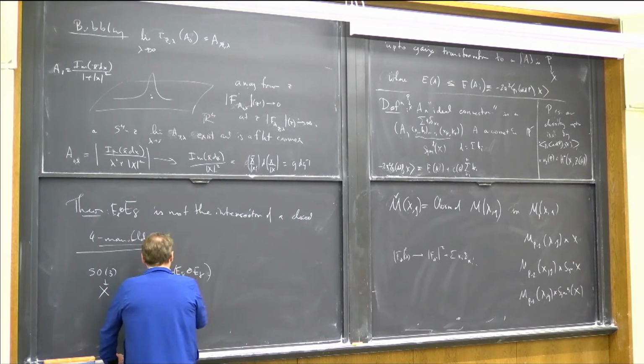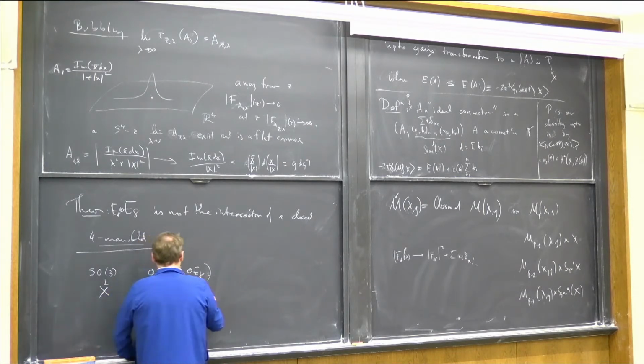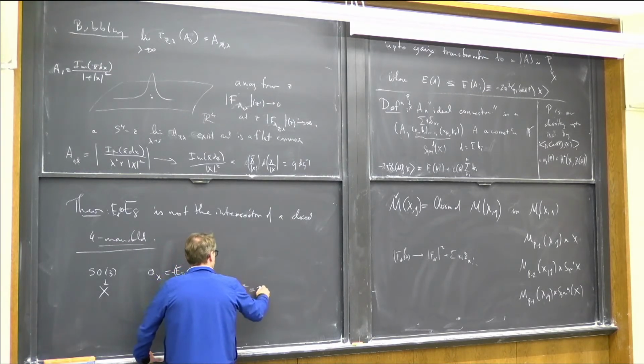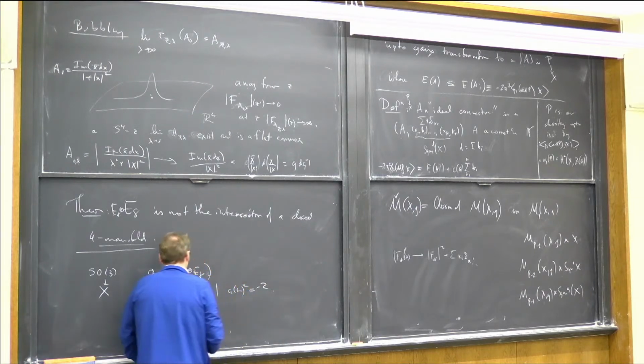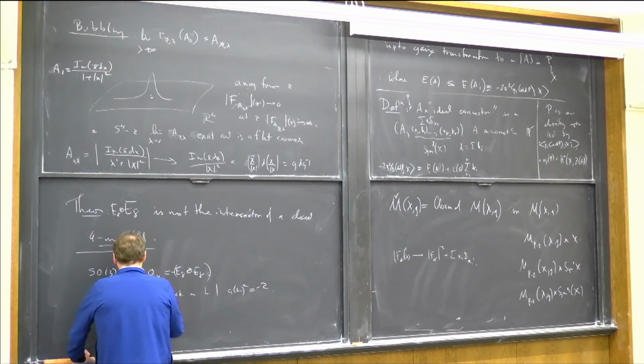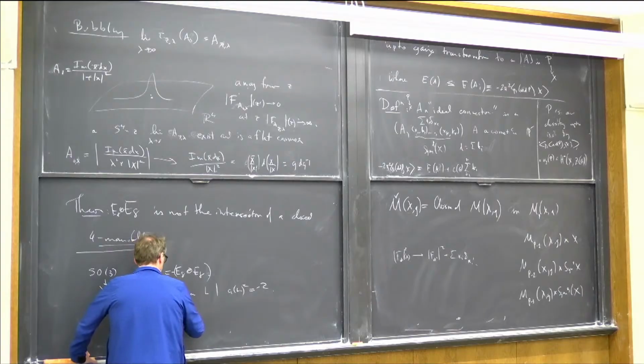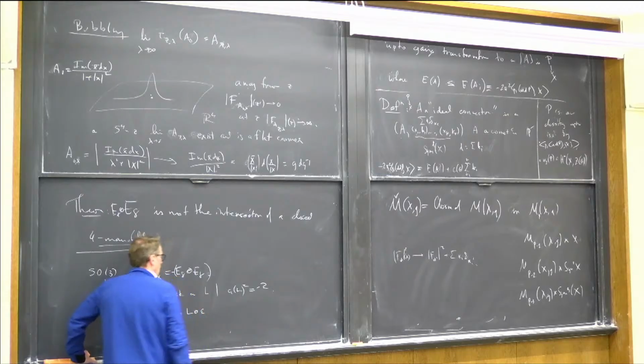And then I pick a line bundle L so that c1 squared of L is minus 2. Then I'm going to take my SO3 bundle, or the corresponding R3 bundle, C to be L plus epsilon.